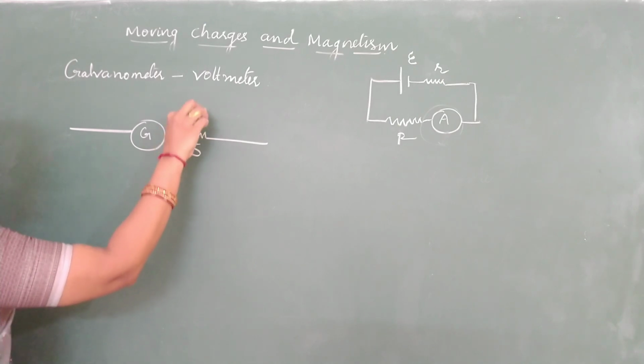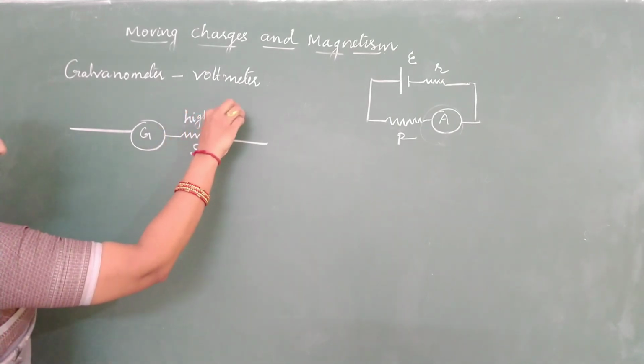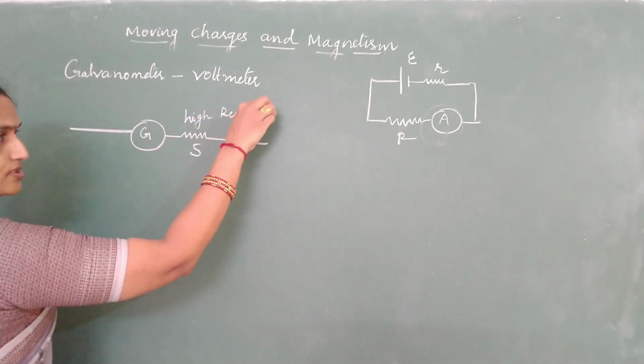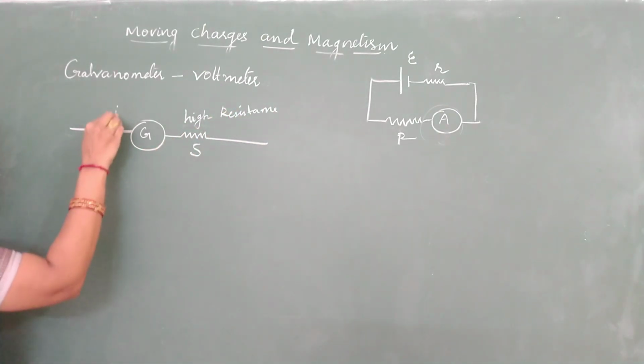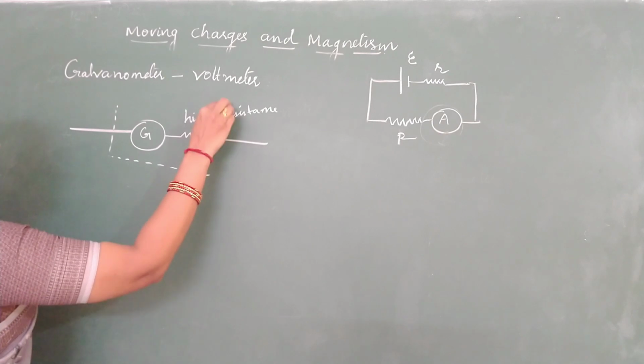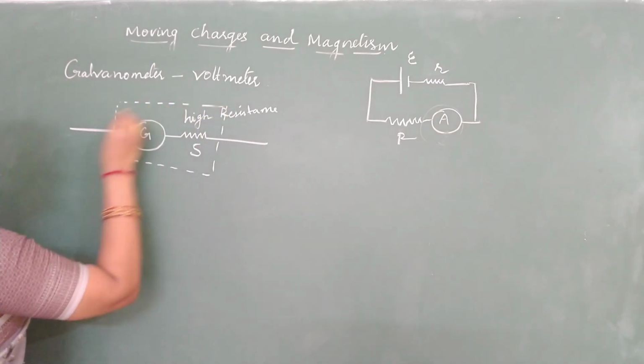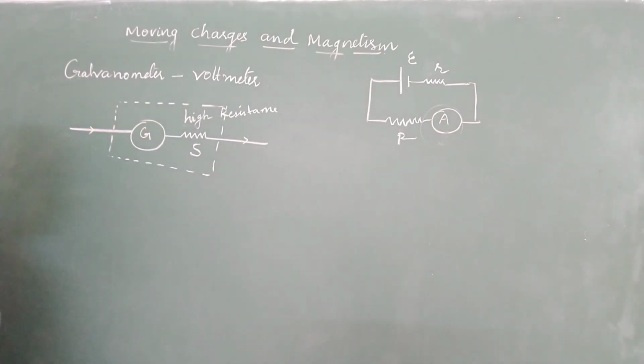Previously it was a low resistance. Now we are adding a high resistance in series with the galvanometer. Now this whole device will behave as a voltmeter.